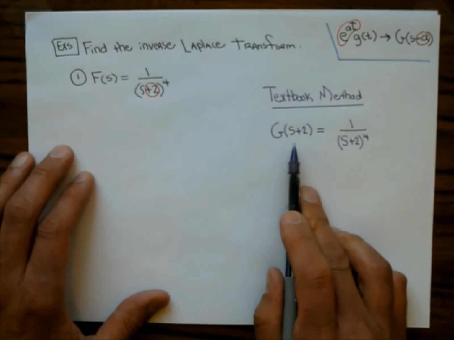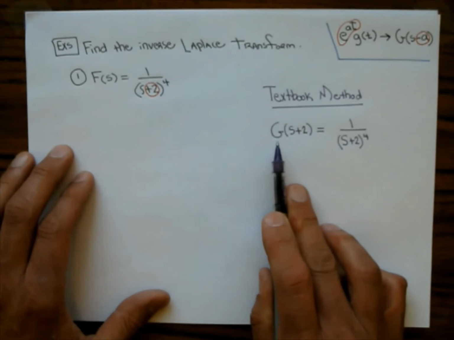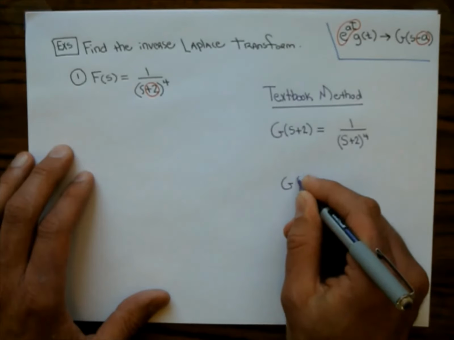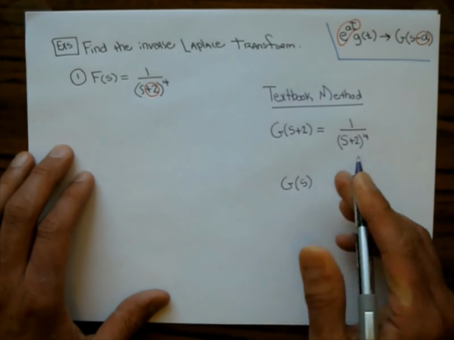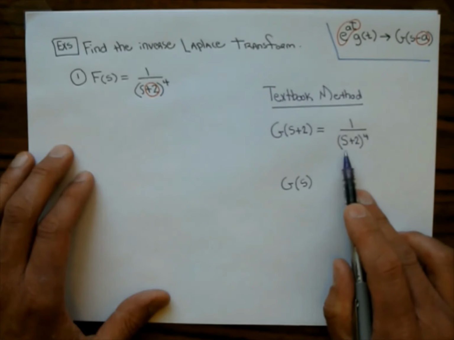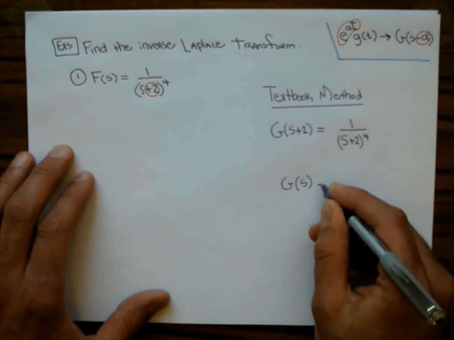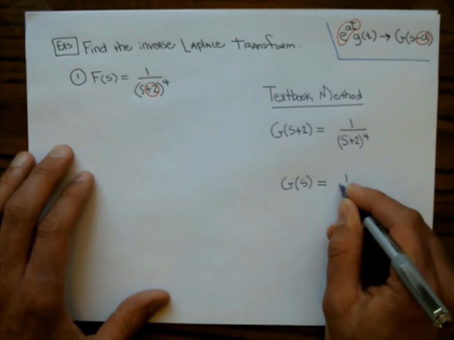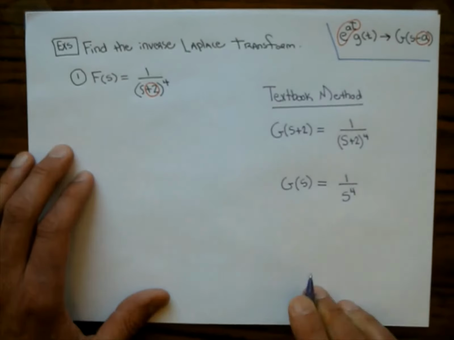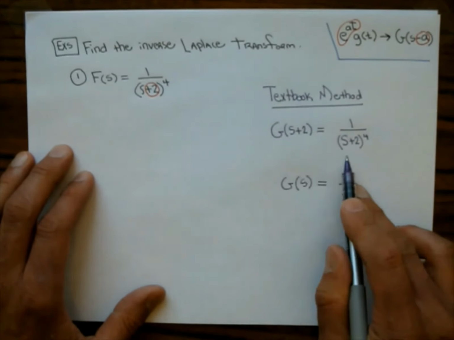Okay, so now what I'm going to do is I need to figure out what just plain g of s is. To find out what just plain g of s is, one way you can do it is replace all the s's in this equation with an s minus 2. And some of you already knew what g of s is. The other way is just seeing what it's going to be: 1 over s to the 4th. Of course, it's easier to go from here to here and go, oh yeah, I can plug in s plus 2 everywhere.